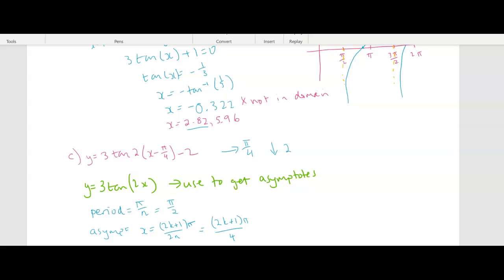Okay, so we can set up a table like we did before to get our asymptotes. So I'm going to do 0, 1, 2. Just wondering if we need to do -1. Maybe I'll do -1 just for the fun of it.